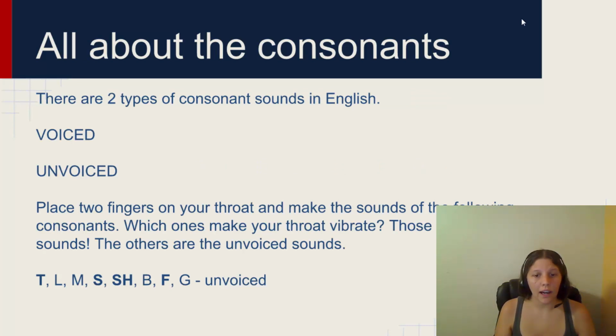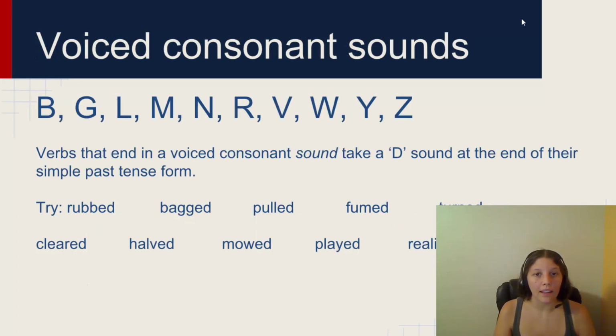Well, here we have the unvoiced ones, right? T, s, sh, f. You can see that there's no voice vibration going on in here. It's mostly the air coming from my lips. T, s, sh, f. Right? So those are unvoiced. And then the voiced consonant sounds are like these, right?